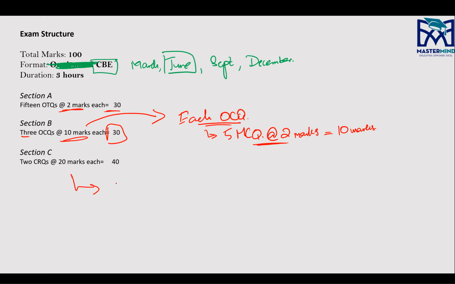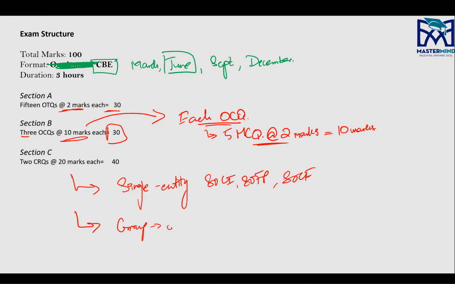So you can get single entity SOCI, SOFP, or SOCF. SOCF is statement of cash flows, SOFP is statement of financial position, SOCI is statement of comprehensive income. Or you can get group, which is basically consolidation.